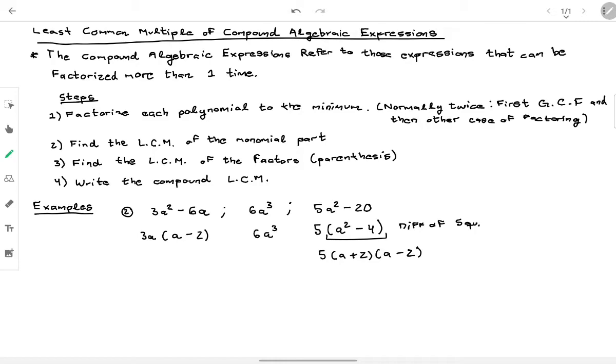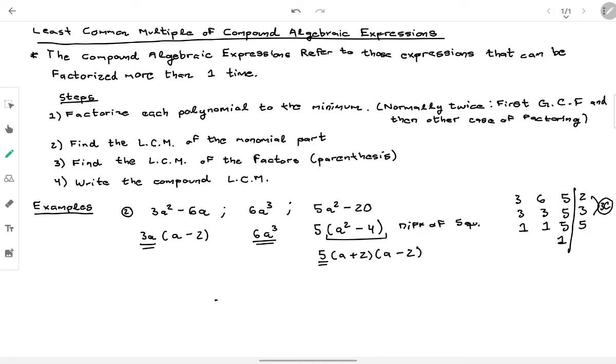After that, we need to look for the least common multiple of the monomial part, those that are not in parentheses. Between the numbers, we have 3, 6, and 5. We can do the prime decomposition, and it's going to be 5 times 2 times 3, that is 30.